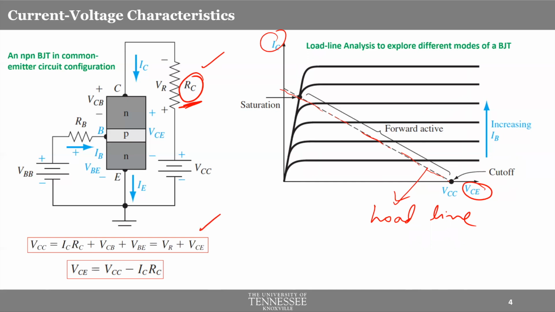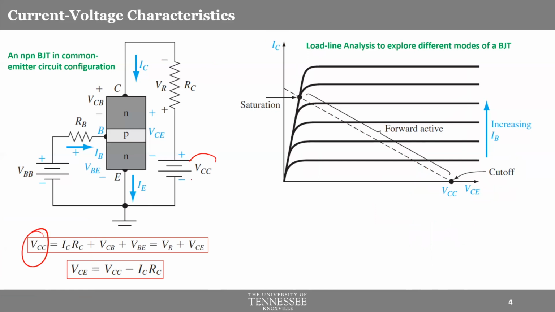Okay, let me clear it off again. VCC, which is the applied voltage here, will be dropped across two things. It will be dropped across the resistance, and it will be dropped across the collector emitter junction, the entire stack. The input voltage will be divided into two parts. So RC will take a voltage equal to ICRC.